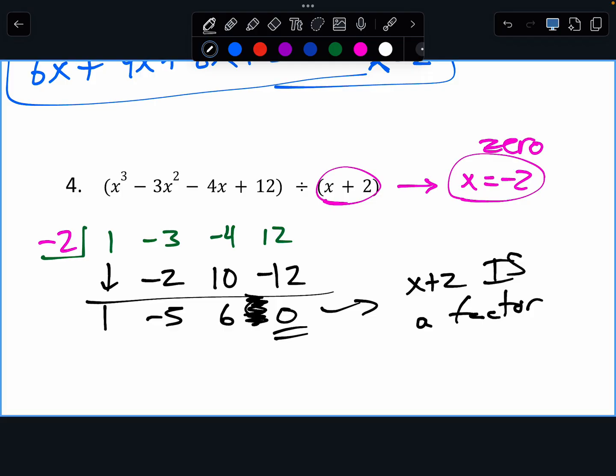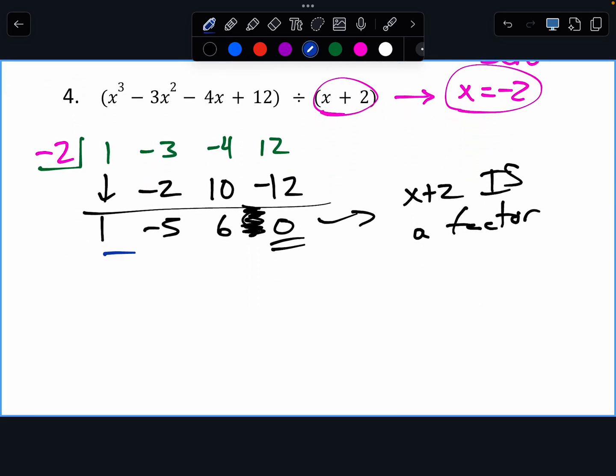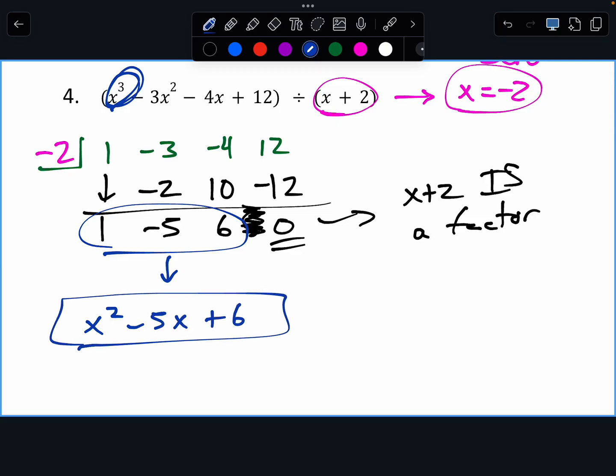And it also tells us what's left, what we call the depressed polynomial. It just means what's left. So since this is x to the third, this is x squared minus 5x plus 6, the depressed polynomial, or basically what's left of the polynomial.